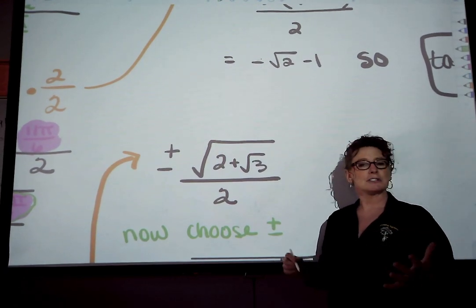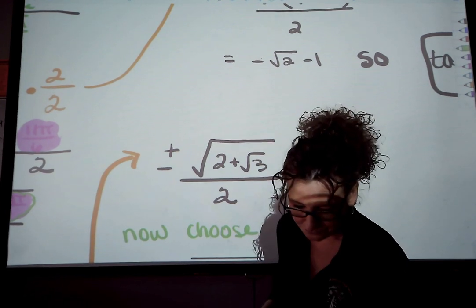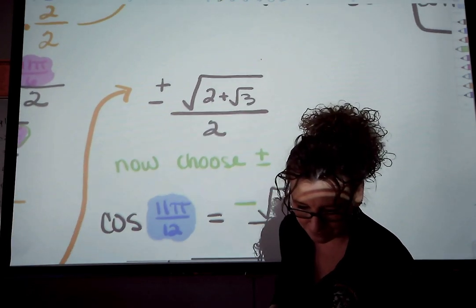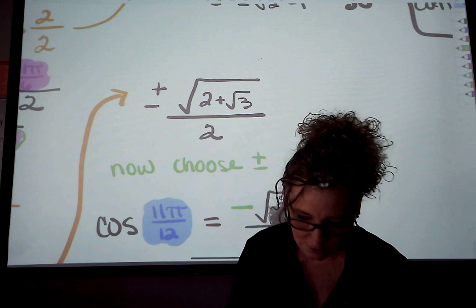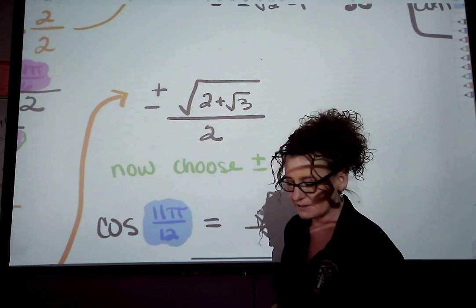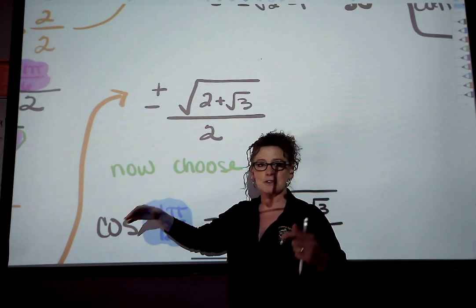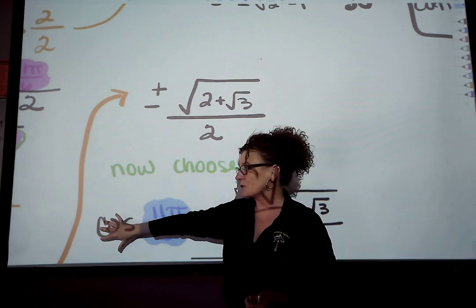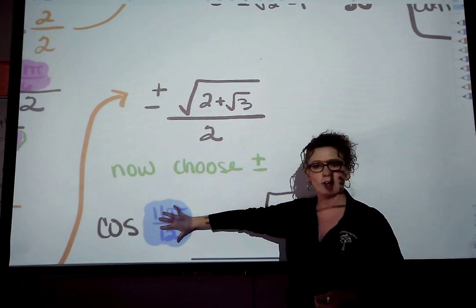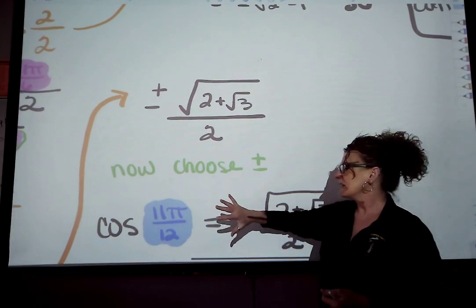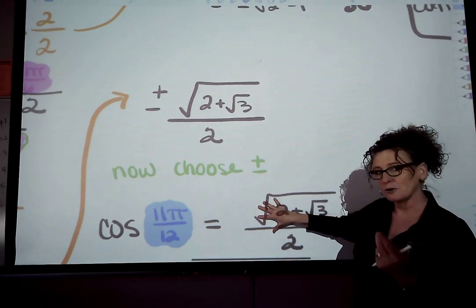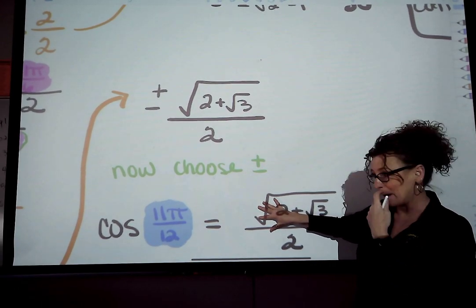Well, let me start writing my answer. The original problem said, let's do the cosine fraction for this angle that's not a common angle. This is the answer that I got, but it's either positive or negative, and I'm not sure which.